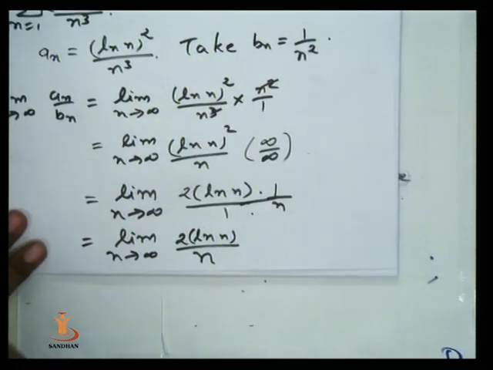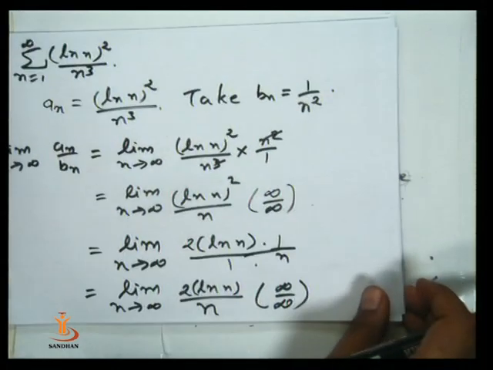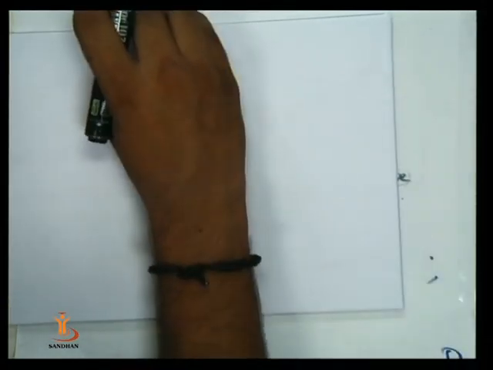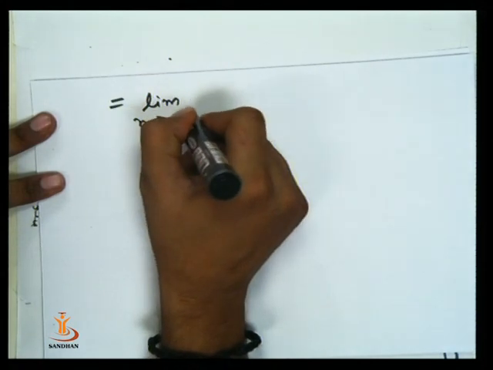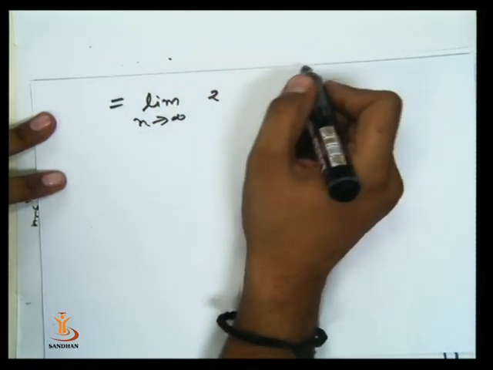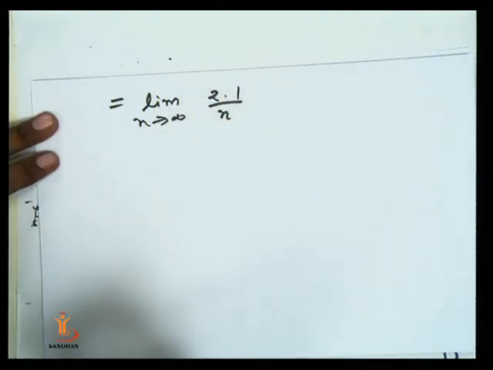Now again this form is of the type infinity upon infinity, an indeterminate form, and so again we have to use L'Hopital's rule, and that is nothing but the limit as n tends to infinity of twice the derivative of ln n, which is 1 upon n, and n is 1, so 1 by n.